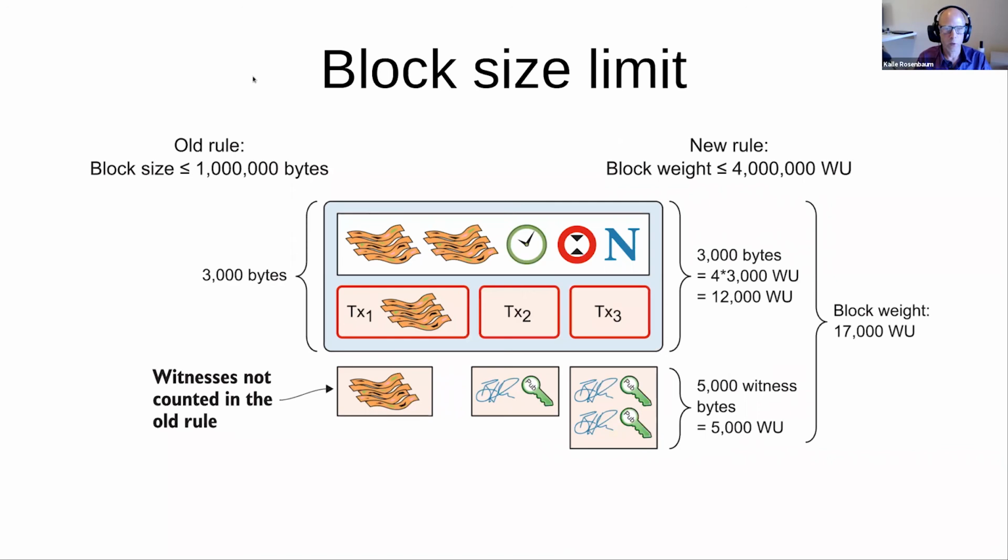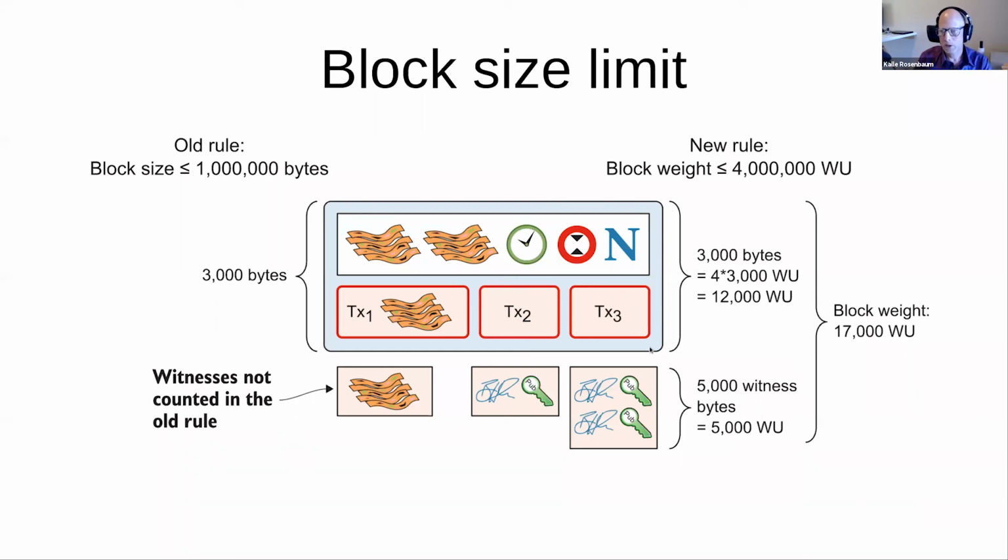So according to the old rules, a block must not be bigger than 1 million bytes. And in SegWit, there's a new rule that says that the block must not be bigger than 4 million weight units. Weight units is a new concept, and they are calculated differently based on what data we are counting.